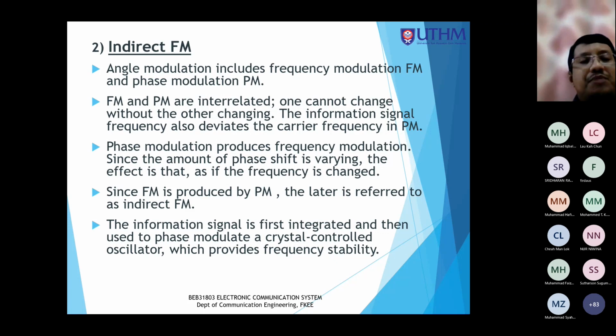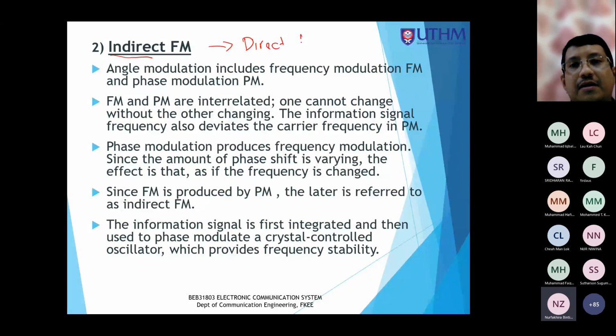So indirect FM means that we are indirectly doing the process of frequency modulation, where in this case, we are actually doing direct phase modulation.